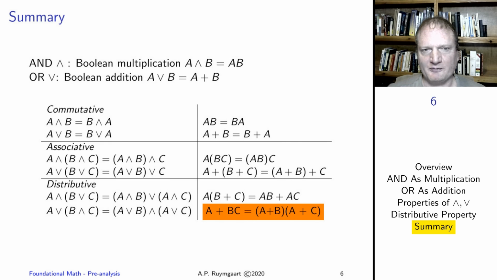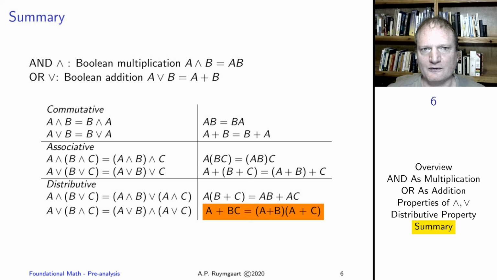Let's spend a minute to summarize this session. So we saw that the Boolean AND operation is equivalent to multiplication, so we can also write it the same way we write multiplication of natural numbers. So A and B is the same as AB in short notation.